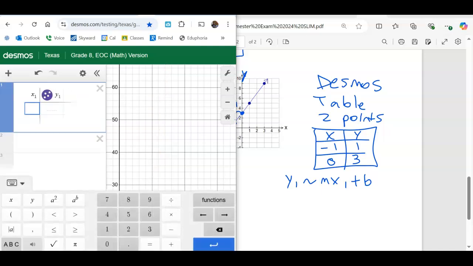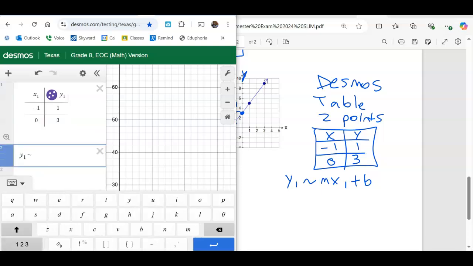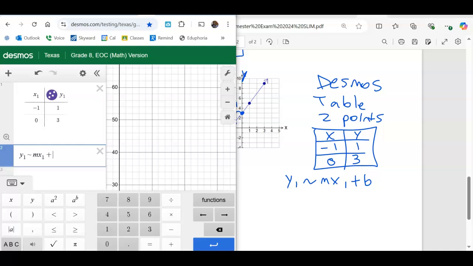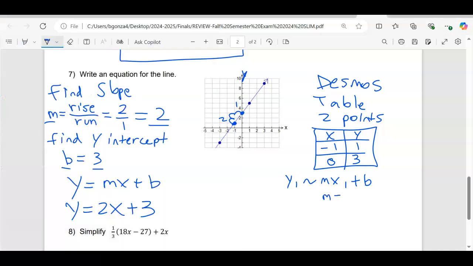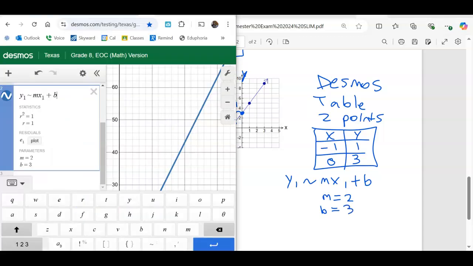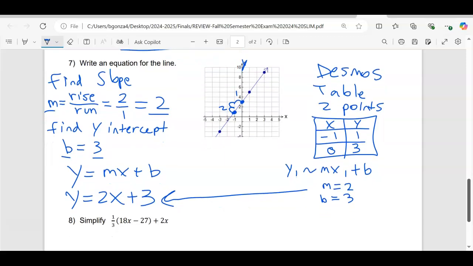Quick table, -1. You have to find these points and type them correctly. So make sure you can do that. And then it's y1 squiggle m x1 plus b. And then my m equals 2, and then my b equals 3, as you can see right here. So how do I write the equation? Just like that. So you can either count it on your own or do the Desmos 2 points table. Y1 squiggle m x1 plus b.